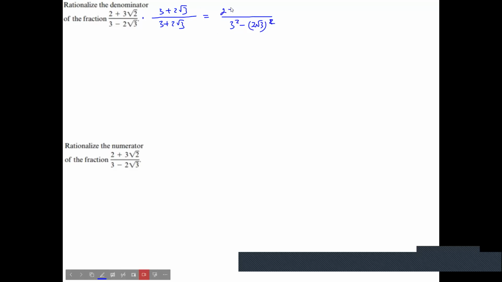And this one, 2 plus 3 square root of 2, 3 plus 2 square root of 3. So what I have, 9 minus 4 times 3, 12, right?